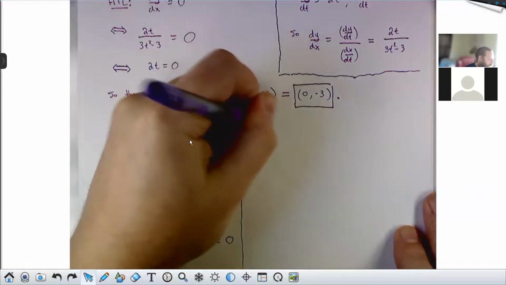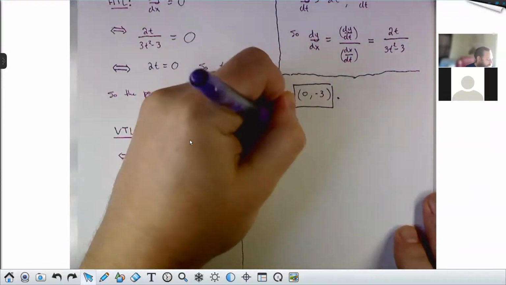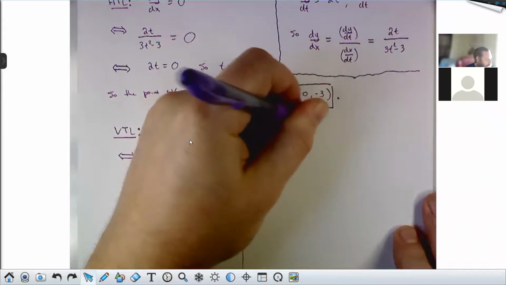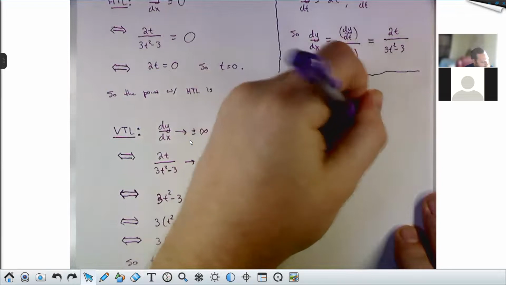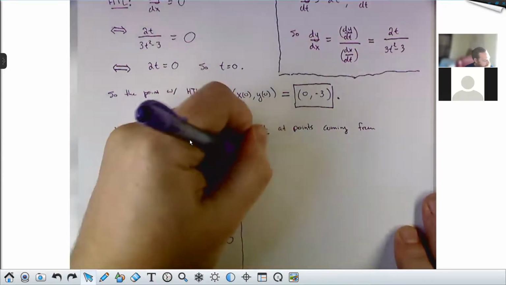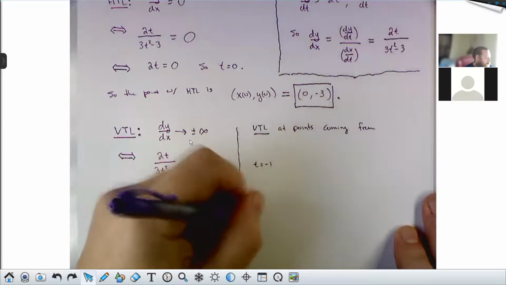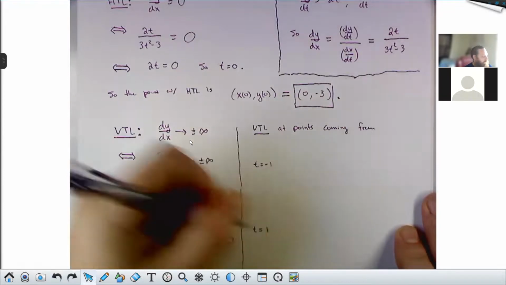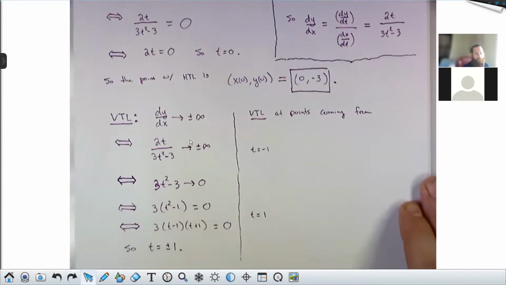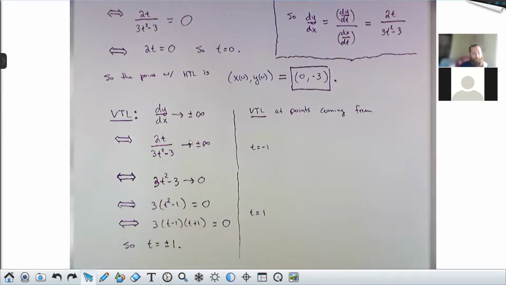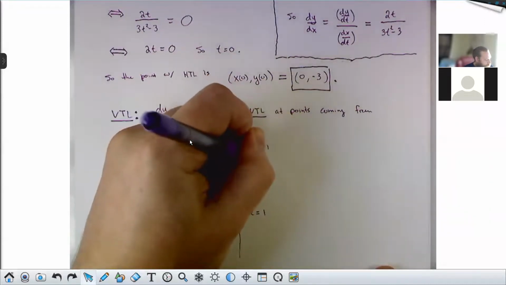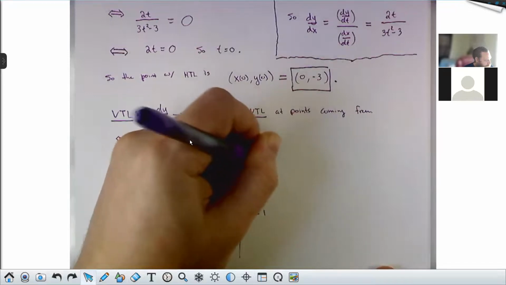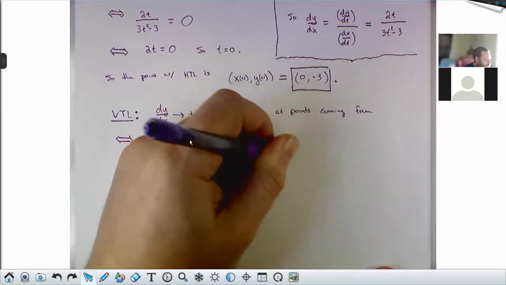So VTLs are at the points coming from t equal to -1 here, and I'll give myself some space, and t equals +1 here. Just like before, I need to find the point associated with this t value. So that's going to be x of -1, comma y of -1.